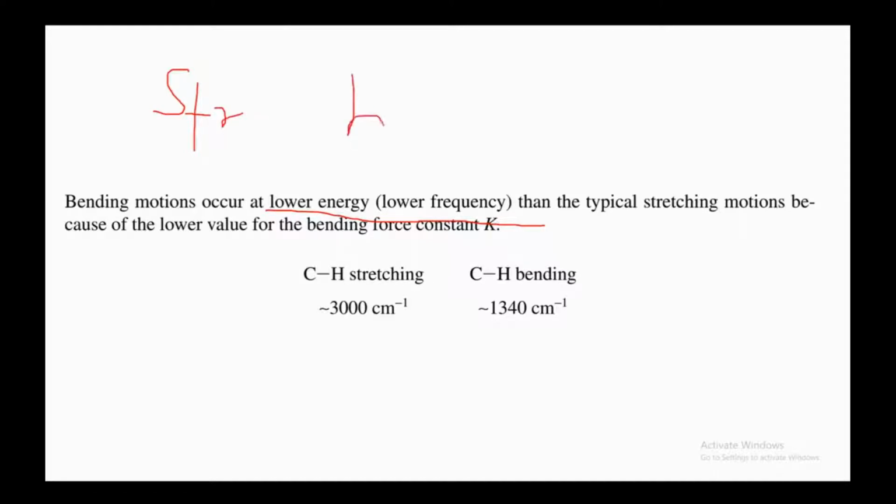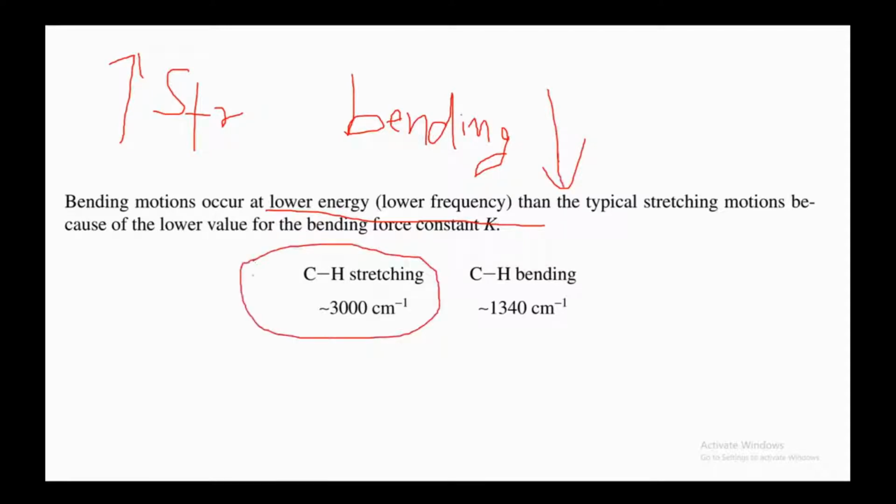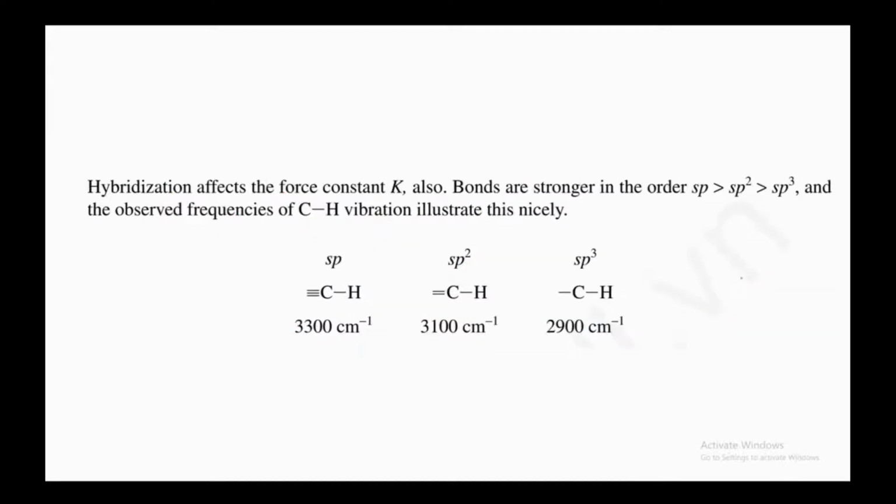Any bending vibration is going to appear at lower frequency, and stretching vibrations are going to appear at higher frequency. CH stretching appears at 3000 because it's stretching, and this one is appearing at a lower frequency, 1340.